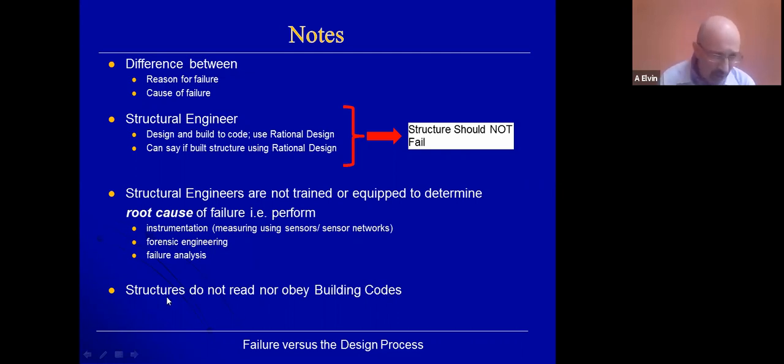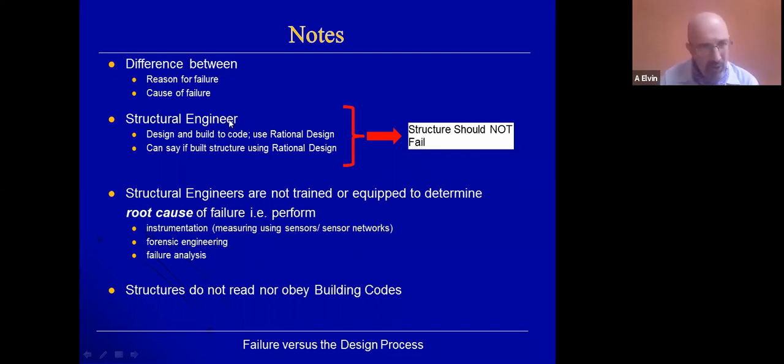I repeat, structures do not read nor obey building codes. If a structure collapses or fails, it does not mean that the structure has violated the code. So, I repeat, structural engineers design to code and failures should not occur. If a failure occurs, the structural engineer is not equipped to perform failure analysis and forensics.